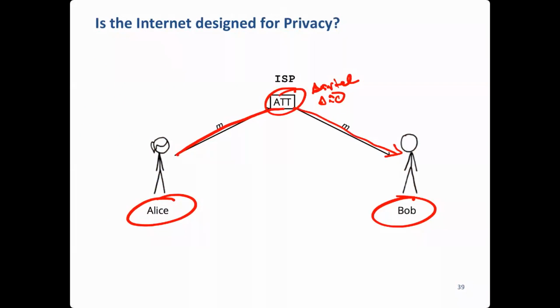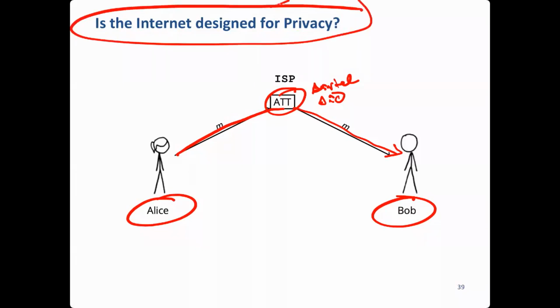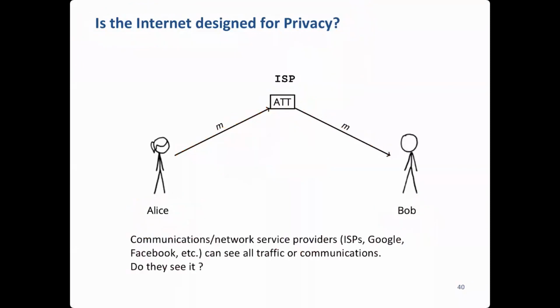Do you think Alice's mail is not seen by anybody? Is the internet designed for confidentiality, so privacy here? Is it private? Is it not seen by the ISP and not given to their sales guys? No, so the answer is absolutely not. ISPs can see everything that you are sending.